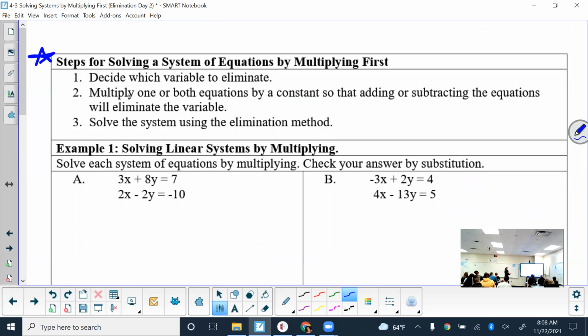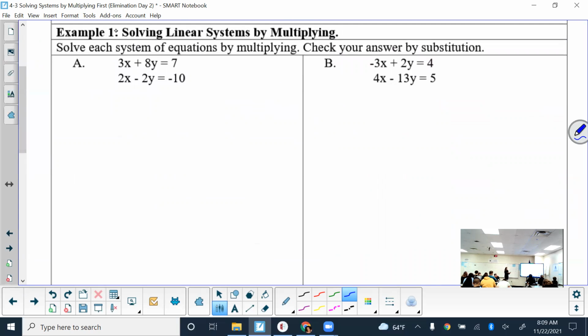Then multiply one or both of the equations by a constant. What's a constant? A number, right? A number without a variable. Multiply by a constant so that adding or subtracting the equations will eliminate the variable. And then solve using the elimination method.